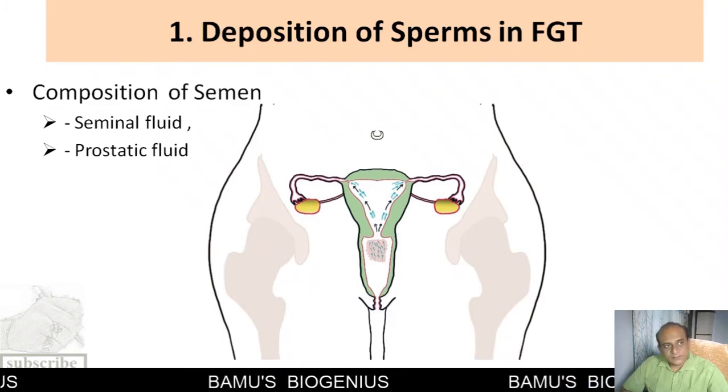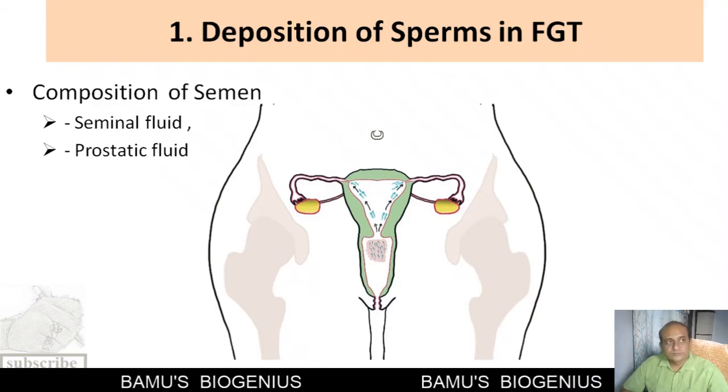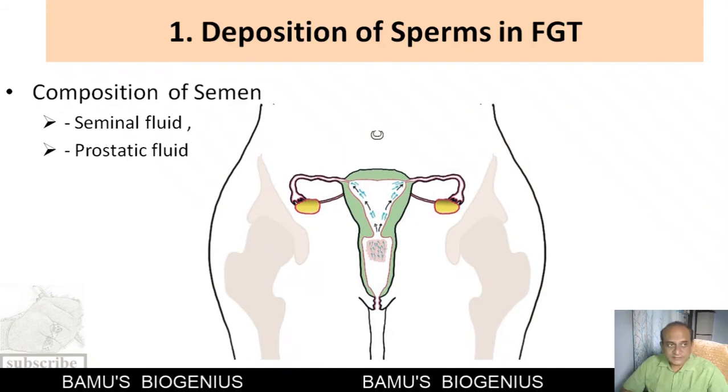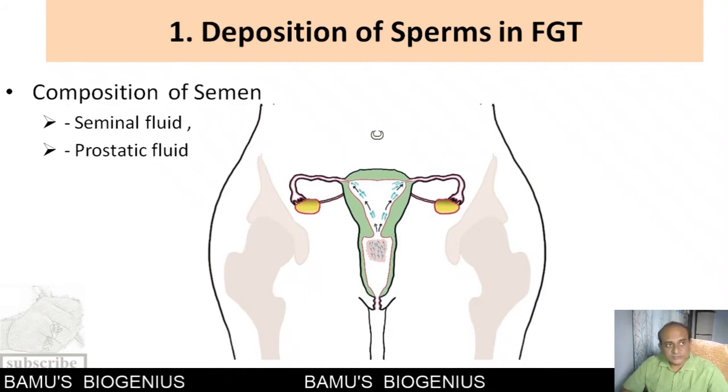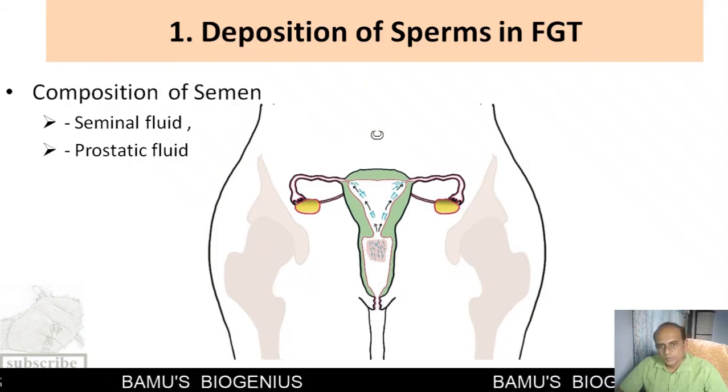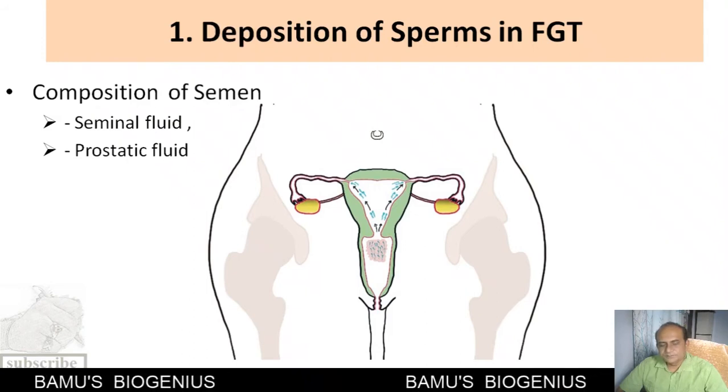Then the seminal vesicles, which secrete a fluid known as seminal fluid. The fourth region is the prostate gland. The prostate gland produces a prostatic fluid which accounts for about 20% of the semen. The prostate gland is the size of a small apricot.